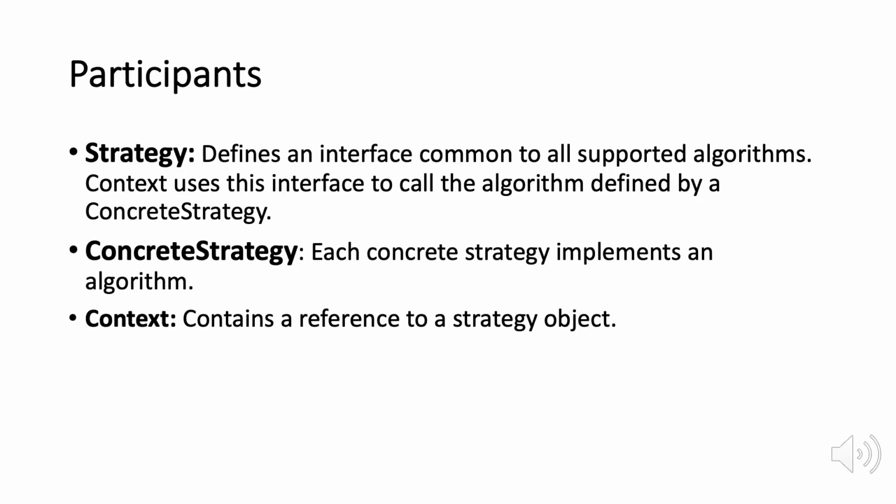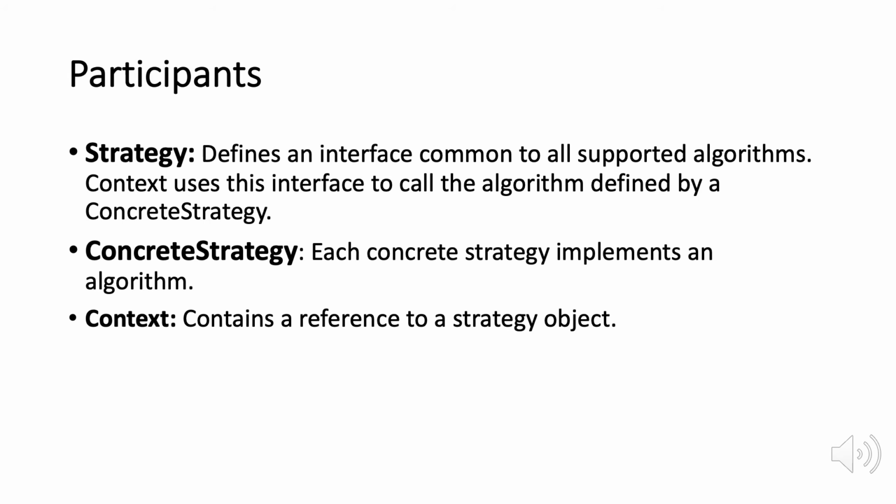Here is the description of the participant classes, as we have seen in the UML. The strategy interface defines an interface common to all supported algorithms. Context uses this interface to call the algorithm defined by a concrete strategy. The concrete strategy is basically a concrete algorithm which has the logic to solve any particular problem.